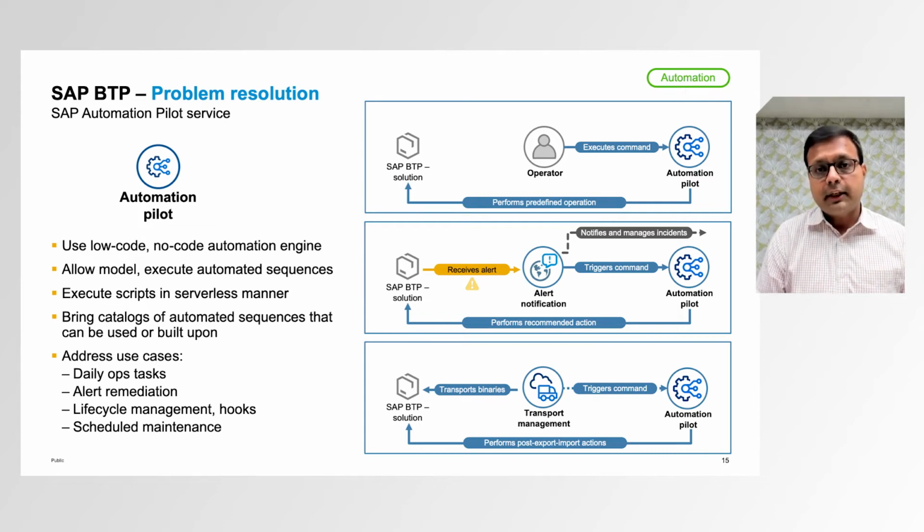AutoPy, or Automation Pilot Service from SAP, allows you to quickly automate problem resolution using a quick scripting methodology, where you can either automate daily operations tasks or alert remediation and so on and so forth.